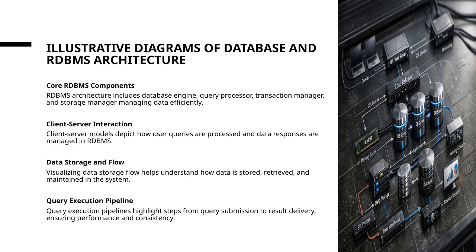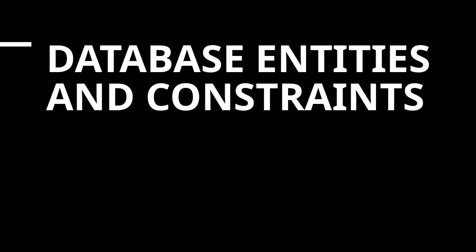The entire process from query submission to result delivery is coordinated through a query execution pipeline designed to maintain performance and data integrity while monitoring tools oversee system health and disaster recovery measures protect data against loss. This architecture ensures that data is stored, managed, and accessed efficiently and reliably.